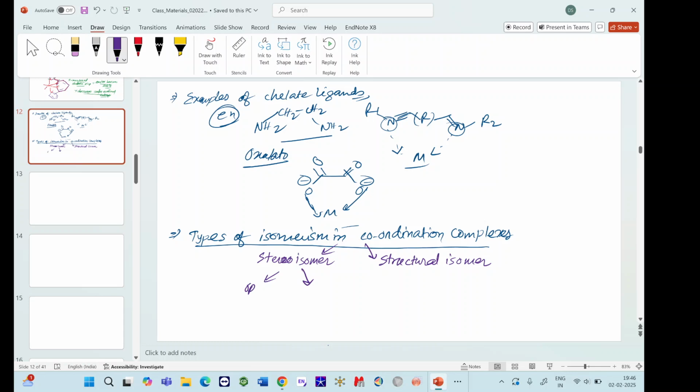Stereoisomers can be optical or geometrical, and structural isomers can be of three types. It's very basic. One is called linkage isomer, one is called hydrate isomer, and one is called ionization isomer.